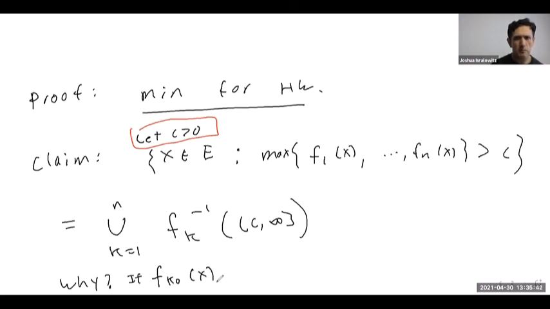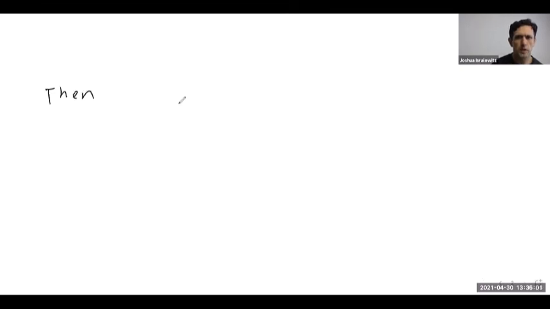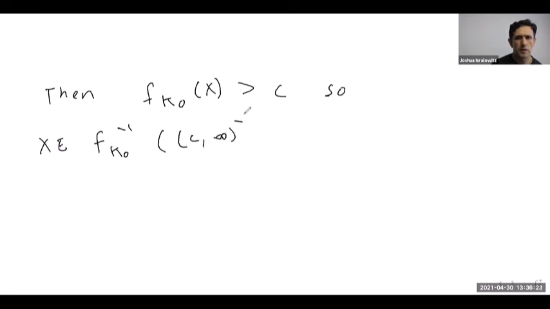So let's say the maximum occurs at some k0, and let's assume the maximum is bigger than C. Obviously this means f_k0 is bigger than C. So x is in the inverse image of C to infinity.